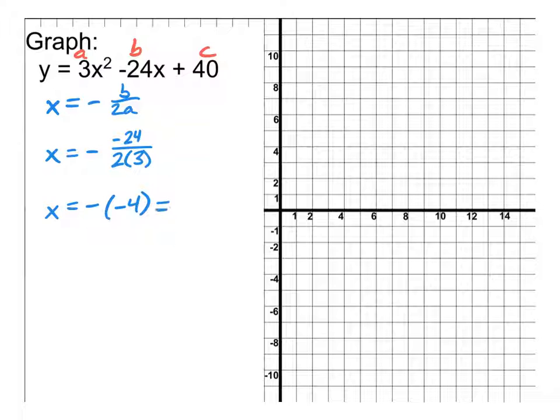And so if I have a negative 4, then that means x equals 4 here. It was easy to do without the calculator, right? But what I see happen is some people will insist on using a calculator, and what they type in is negative 24 divide by 2 times 3, and it gives them an answer of 36, not 4.